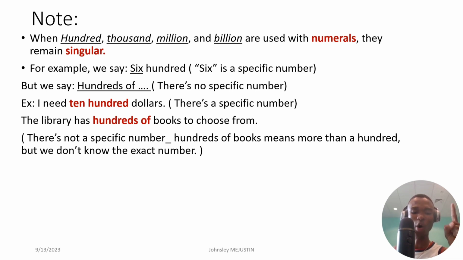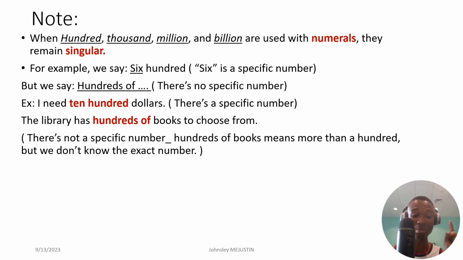I said when 100, 1,000, million, and billion are used with a specific number, they are never plural. So we do not say 600s, but 600 because 6 is a specific number. We do not say 5 millions, but we say 5 million because 5 is a specific number.